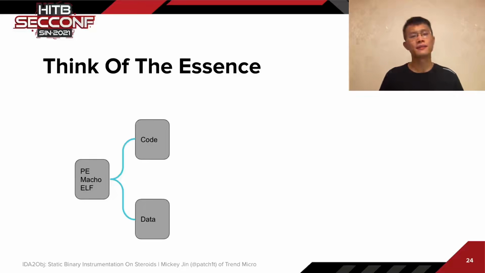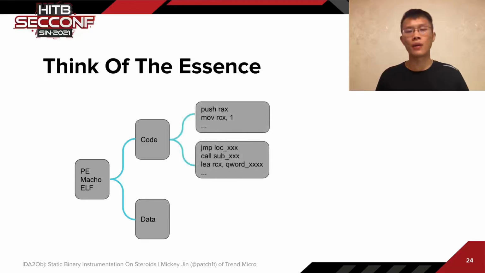For the code part, there are two kinds of instructions. One is the pure machine code, such as push or mov. The other kind is like this: jump to a label, call a function, and reference a data segment.